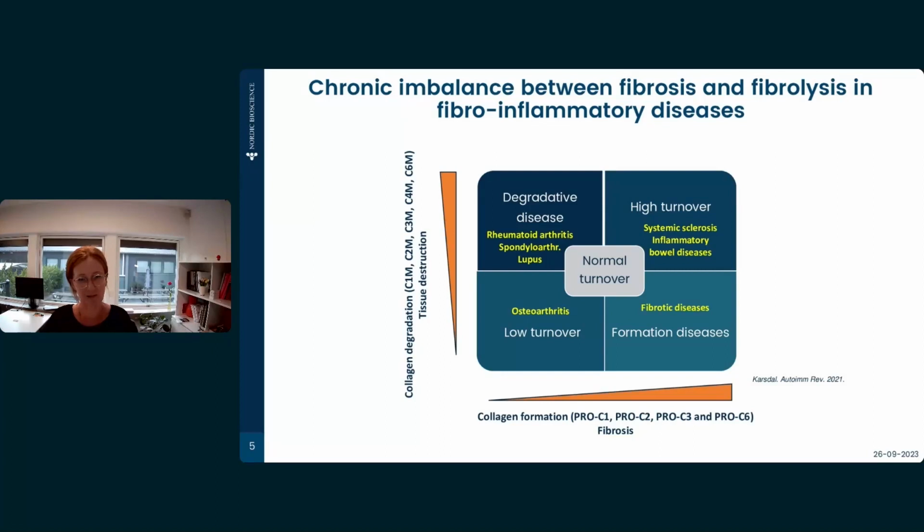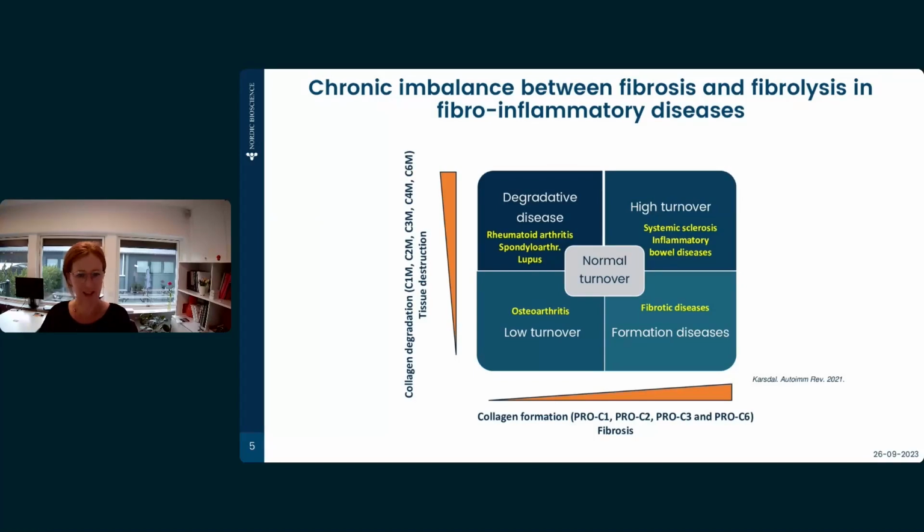What we see when we look across different fibroinflammatory and rheumatology diseases is that a large proportion of diseases have a high signature of destruction, with a high level of type 1, type 2, and type 3 collagen degradation. Other diseases, for example in the fibrosis field, like liver fibrosis or lung fibrosis, have a fibrotic signal but a low destruction signal.